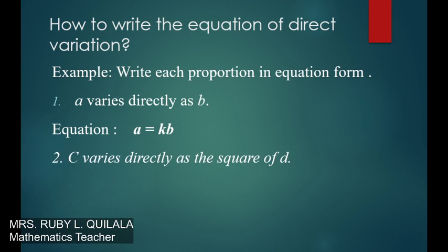Number 2, C varies directly as the square of D. The equation for this one is C is equal to K D to the power of 2. D to the power of 2 represents the phrase the square of D.